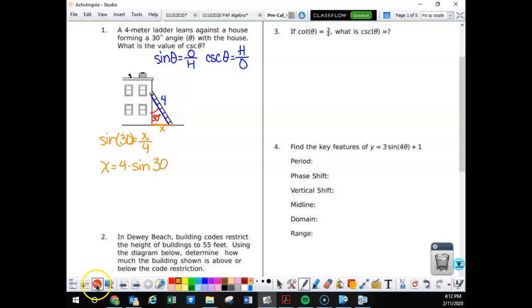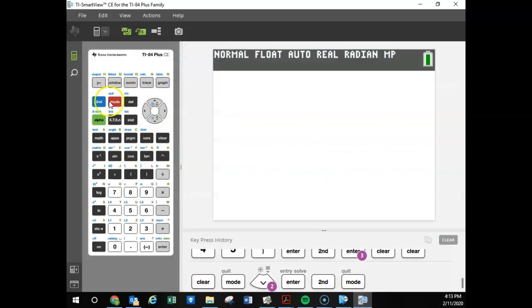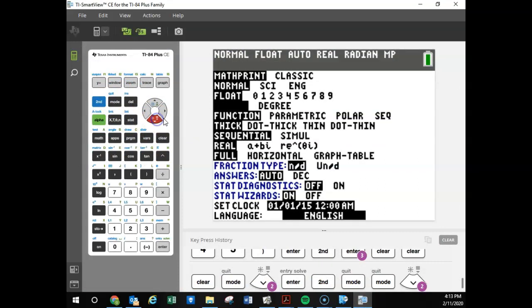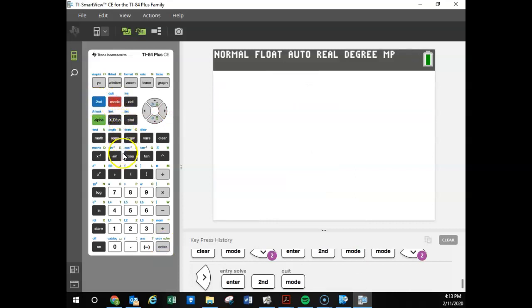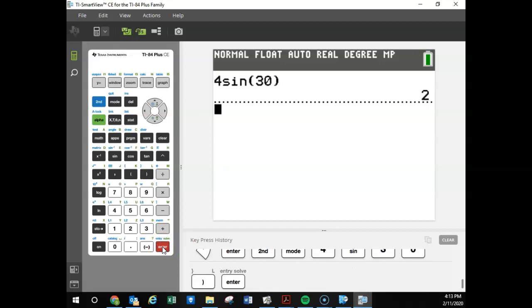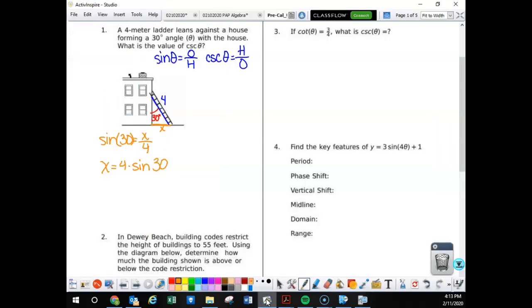So if I go to the calculator, make sure you're in the correct mode, which is degrees. And so then what we're trying to figure out is 4 sine 30, and that is 2. So x is equal to 2.